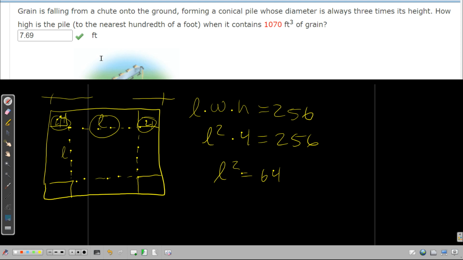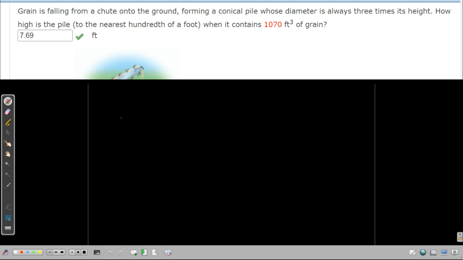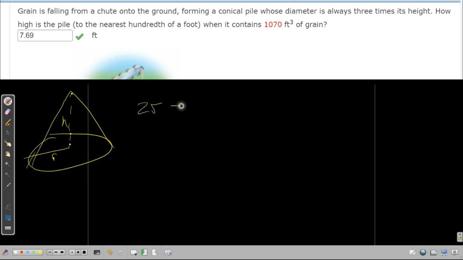Finally, we have grain falling from a chute onto the ground. So it forms a cone of some height and some radius, and we are told that the diameter is always 3 times the height.